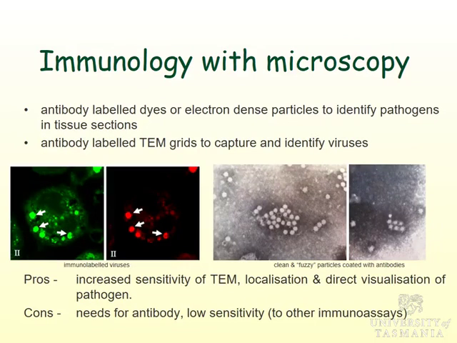What else can we use serology for? You can actually combine it with microscopy. In this case, this is with light microscopy, and this is with electron microscopy. So here we've got light microscopy, once again detecting viruses within a particular plant sample, but they've got an antibody connected to a fluorophore, a fluorescent tag, and you've got your sample.